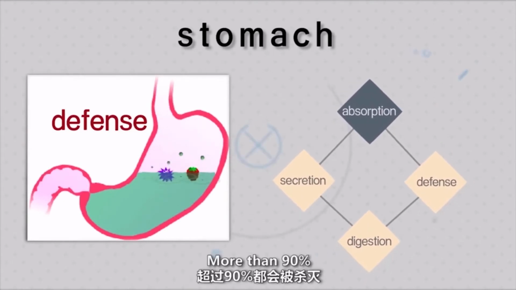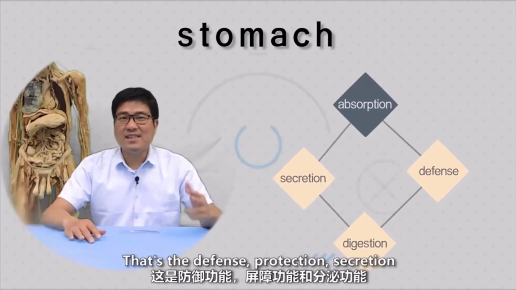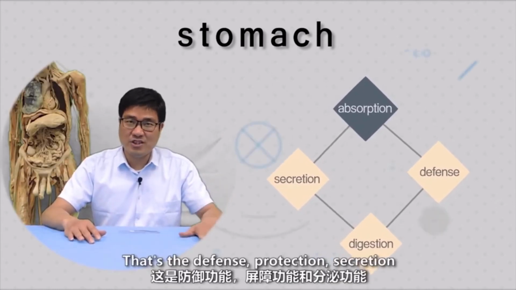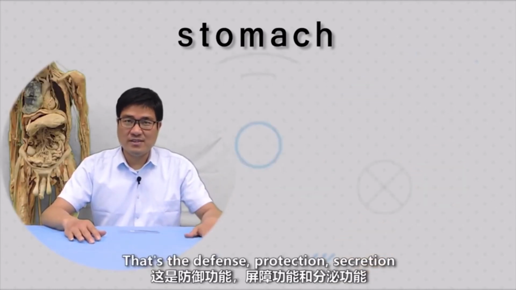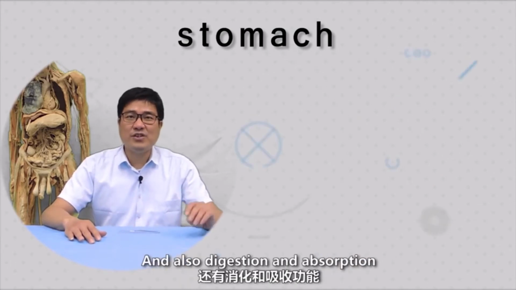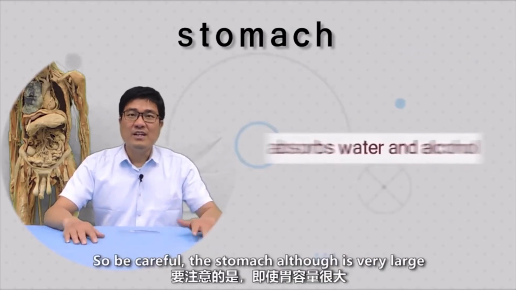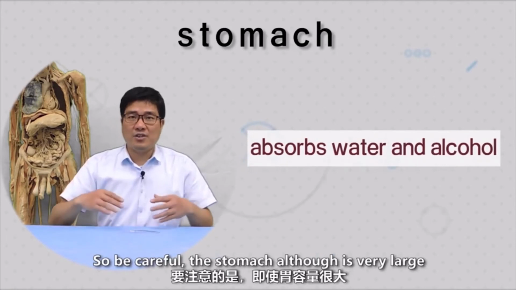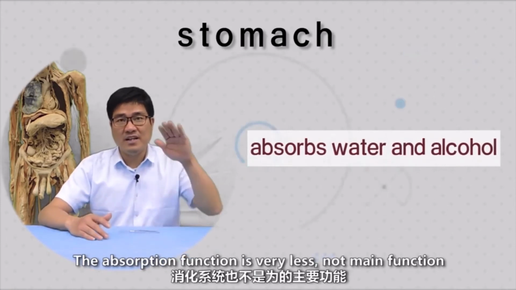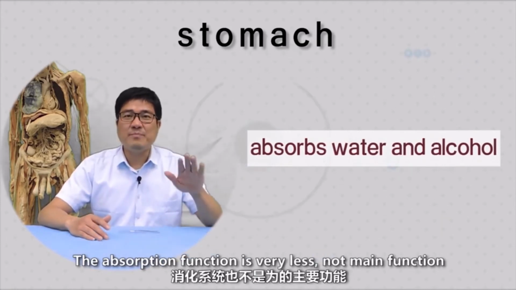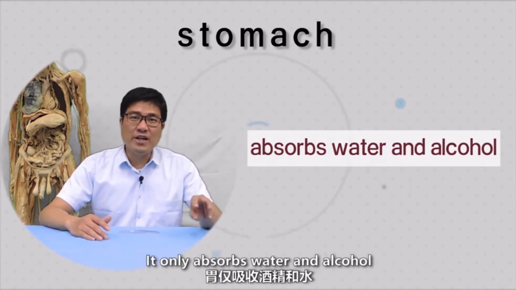So that's the defense, protection, secretion, and also digestion and absorption. Be careful: although the stomach is very large, the absorption function is very small, not the main function. It only absorbs water and alcohol.